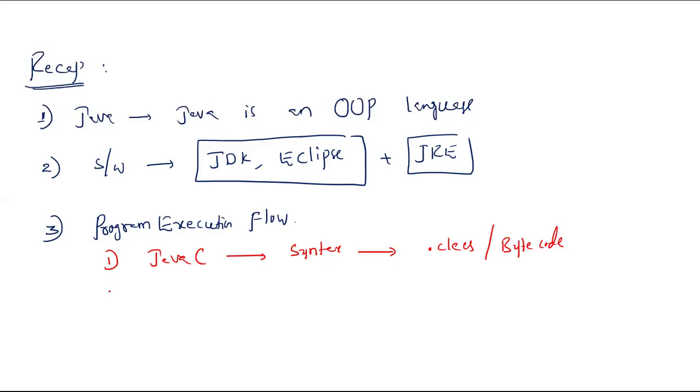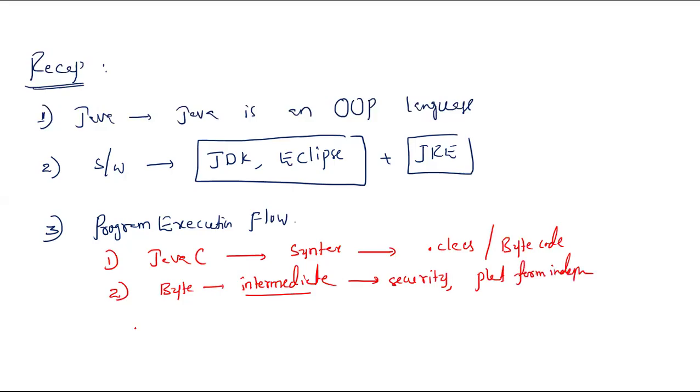Then the second component is bytecode. What is this bytecode? It is an intermediate code, and because of this intermediate code, security is one of the features that we get in Java, and platform independence is also possible with this.